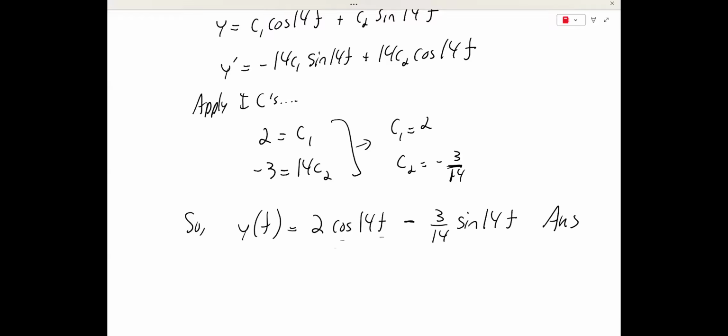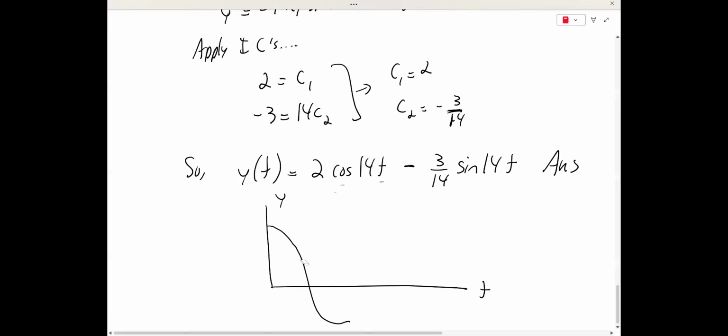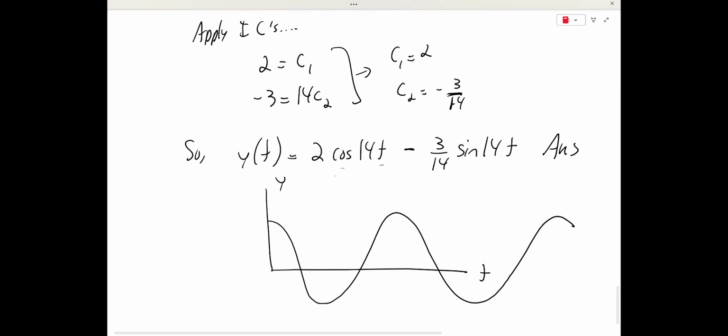Okay. If you graph it, I won't put it in Desmos, but it looks something like this. It'd be going down and up and then down and up and so on. This is 2 here initially, right? And actually, I guess it'd be on the downward.